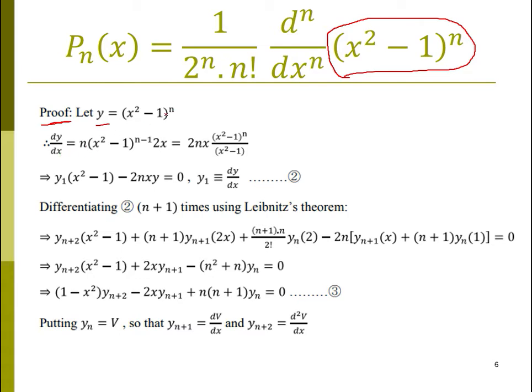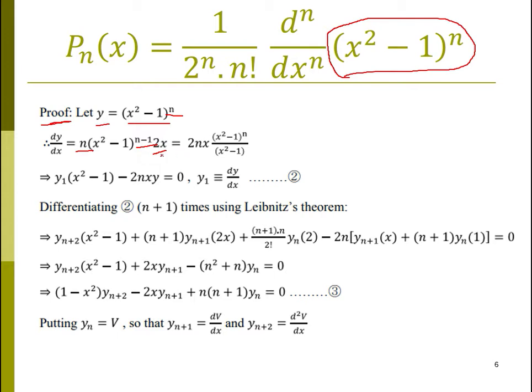we get n into x square minus 1 raised to n minus 1, and derivative of x square minus 1 is equal to 2x.